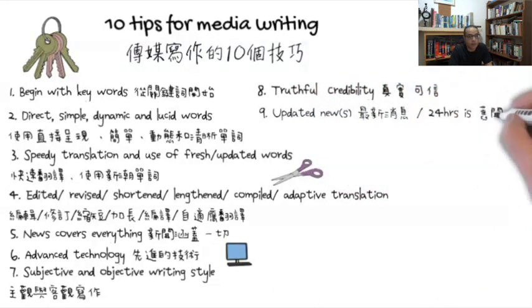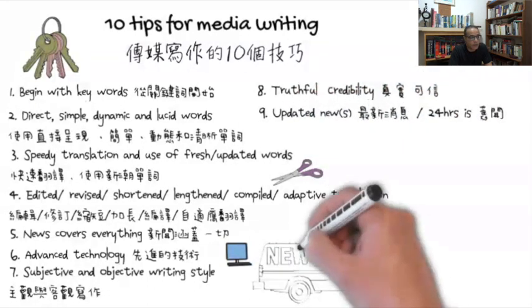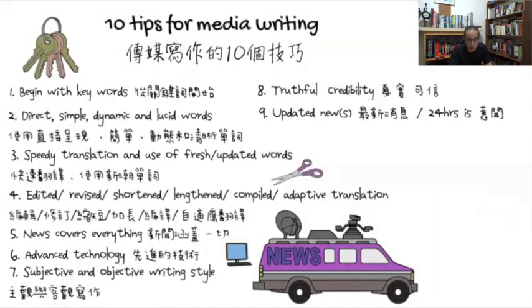Number 9: be updated. You need to update your news every hour at most. Especially, as I said earlier, in our time, in this fast-paced time and world. Tip number 10: the main idea why you write a news report is to spread the news. You want everybody to know about the news you are writing.